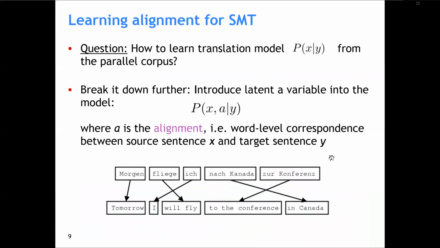And from that, people found that alignment is extremely important. The most straightforward translation you can think of is a direct one-to-one translation. For example, with the French here, we can just find the corresponding English word for each one, and do a word-to-word mapping.